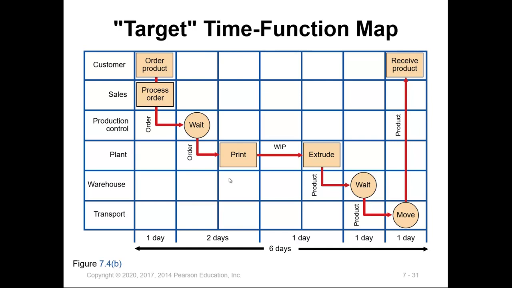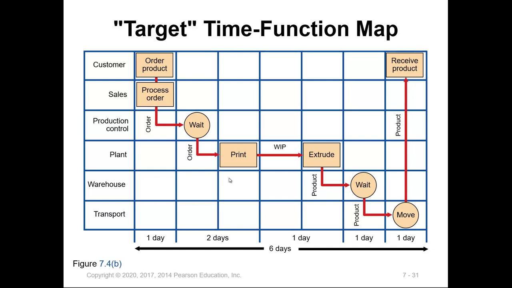Looking at the previous time function mapping, we found that lots of time is wasted just waiting in the warehouse. If we can move the extrusion to the same plant and schedule everything to be done within the same day, the whole process will take only 6 days instead of 52 days. There is no need for waiting in the warehouse.